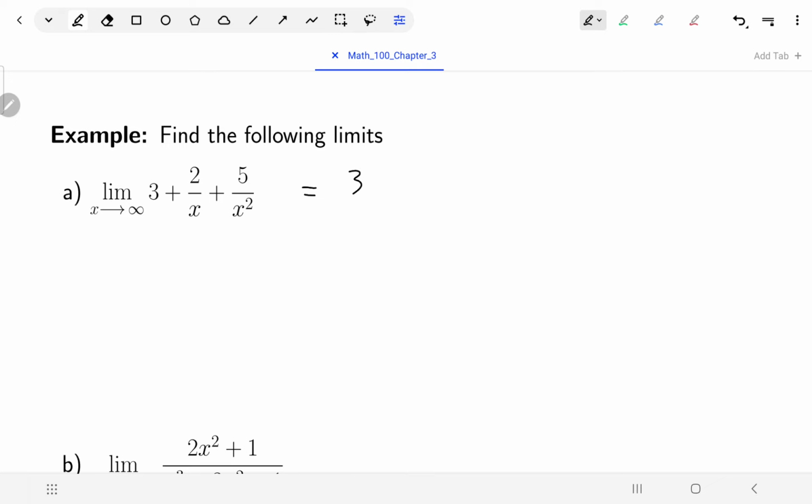And that's because from before we had our limit law for constants. The limit of a constant is the constant, so the limit of 3 is 3. And from our previous theorem, 2 over x and 5 over x squared will both go to 0 as x goes to infinity. So this is not indeterminate at all. It's 3 plus 0, which is just 3.